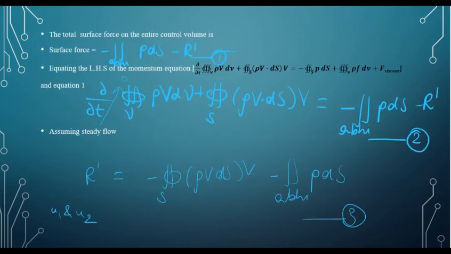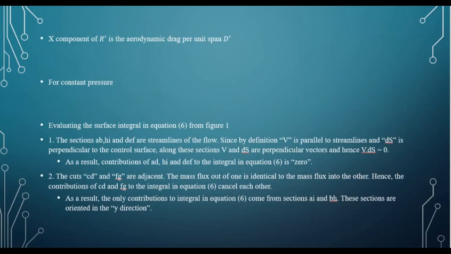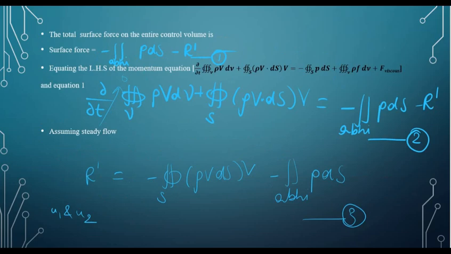Now the x component of this equation 3 would be the aerodynamic drag per unit span, which is given by D prime. So this is the drag per unit span which we get, that is the x component of R prime. As you can see, V over here becomes u, and this is x, which was pdS.